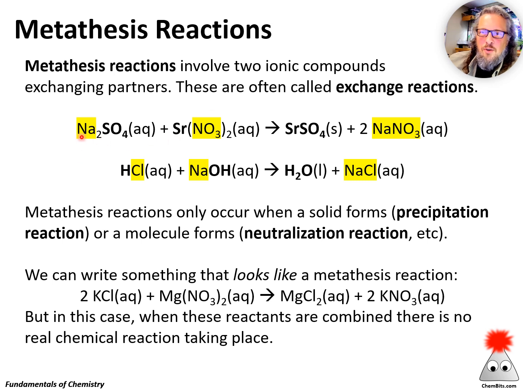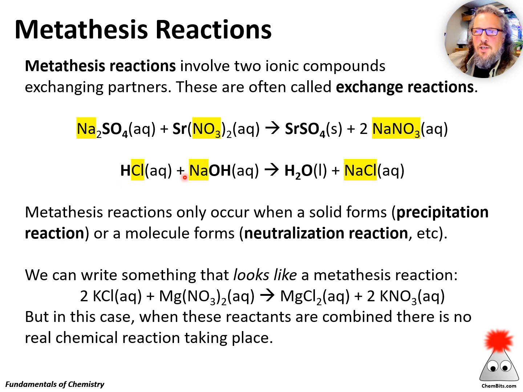If we do some accounting, we've got two sodiums going in, two nitrates going in, so we need two sodium nitrates coming out. We can also look at something like HCl aqueous, hydrochloric acid, and sodium hydroxide aqueous, which can react to form, let's switch partners again.